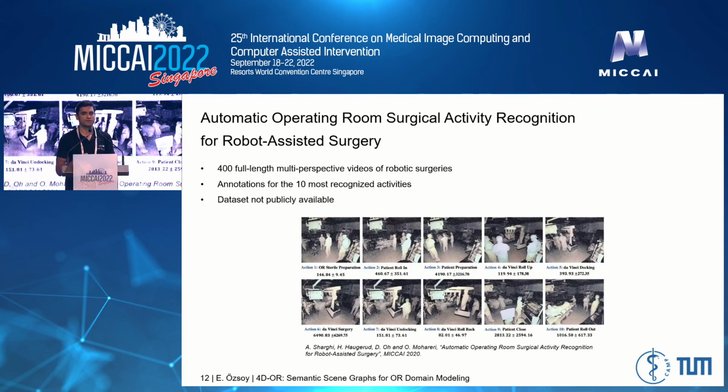The second dataset, from Sharghi et al., is much bigger. It includes about 400 full-length multi-perspective videos from robotic surgeries. But as previously, this was also not created to capture the complex interactions that happen in a surgical room. So the annotations are mainly just for the 10 most common phases on a frame level, and the dataset as well is not publicly available.